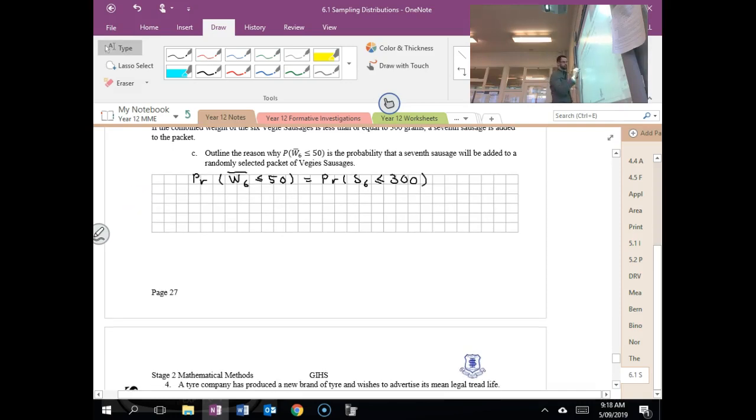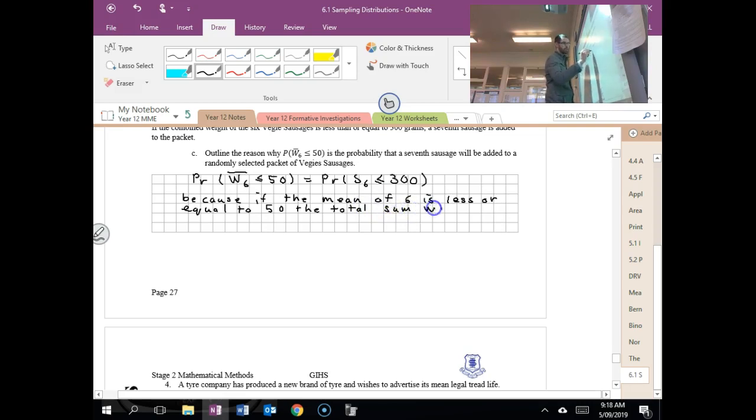Because if the mean of 6 is less than or equal to 50, the total sum will be 6 times 50, which equals 300 or less.